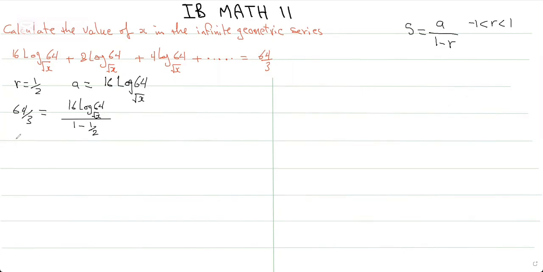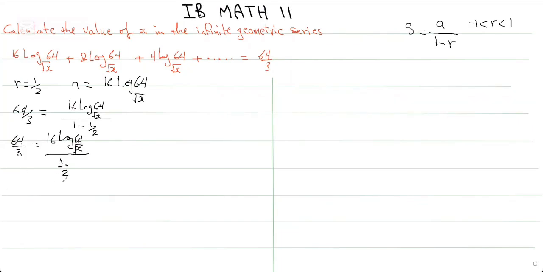Now, this is 64 over 3 equals 16 log base root x of 64 over, and 1 minus a half is just a half.